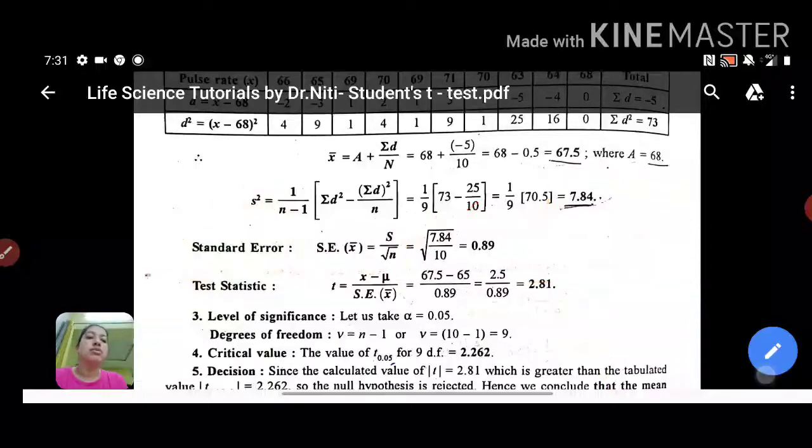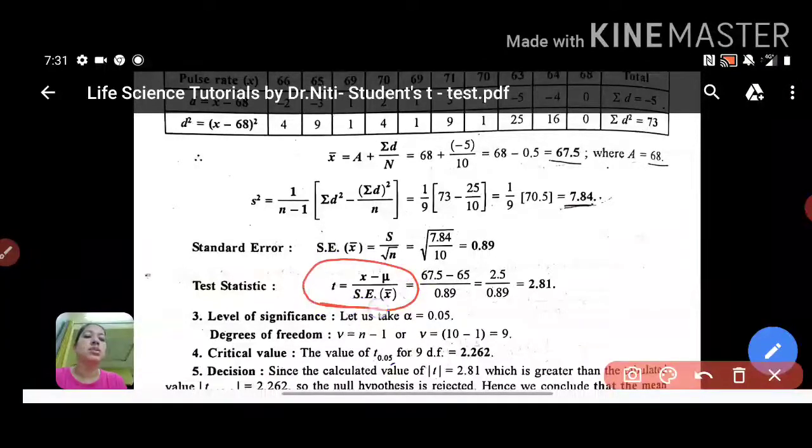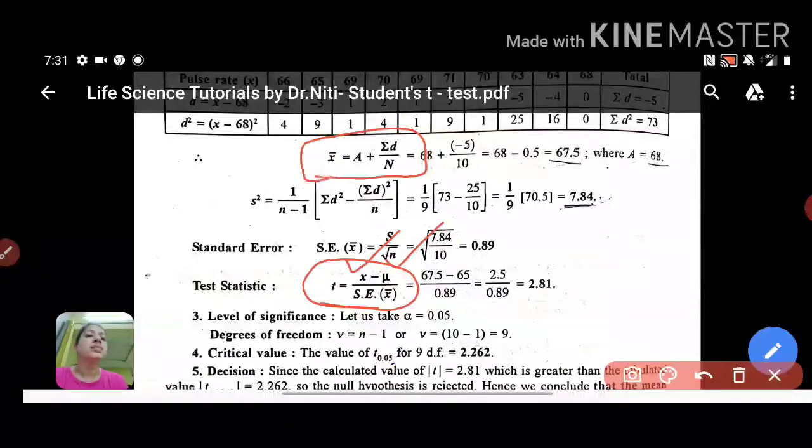Now t value you can calculate, and t value can be calculated by this equation: sample mean minus population mean divided by standard error of difference between means. Sample mean you have determined here by using this expression, that is assumed mean plus summation of deviation by number of observations.